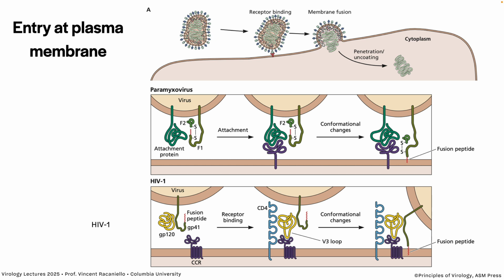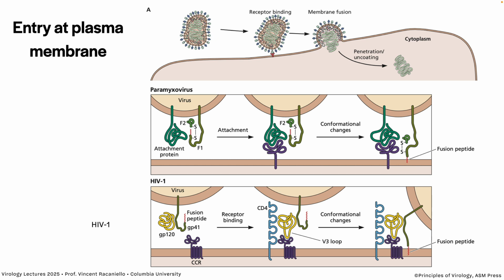And when you have a fusion protein like that sticking in, it can do that. Now the key here is that the fusion protein is hidden until the virus attachment protein attaches to a receptor. Then that causes a conformational change to expose the fusion protein. So in other words, the virus will not fuse with a cell that doesn't have the right receptor. So it's regulated. So that's one example using one cell receptor.